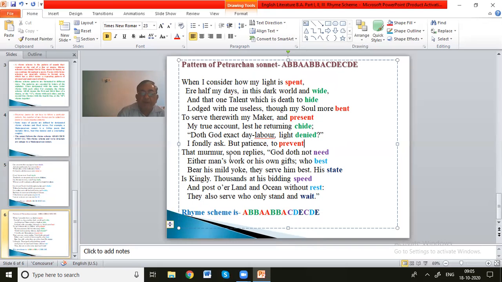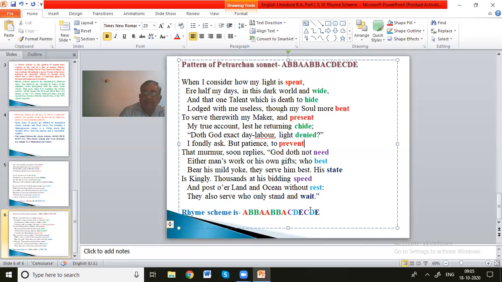Next line: that murmur, soon replies, God doth not need. It is different, so we have used the letter C. Either man's work or his own gifts. Who best bear his mild yoke, they serve him best. It is again different, so we have used D, and then E for the state. His state is kingly; thousands at his bidding speed.